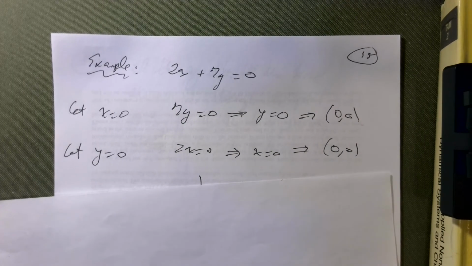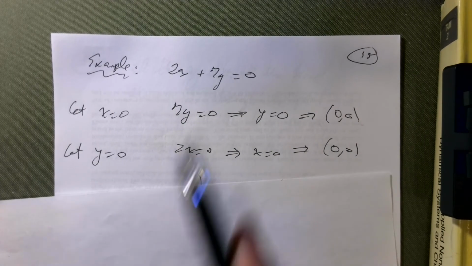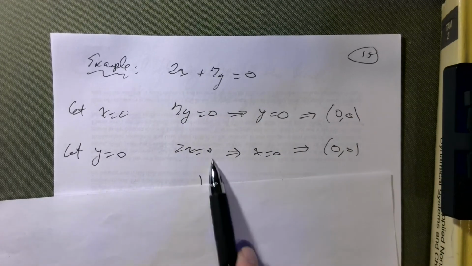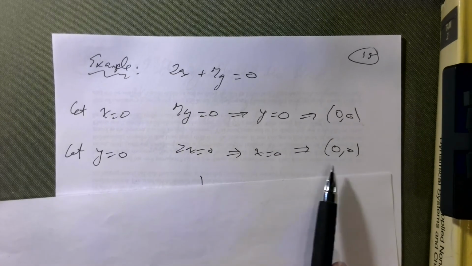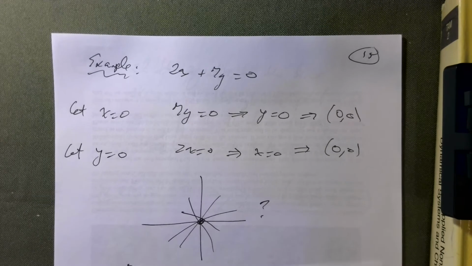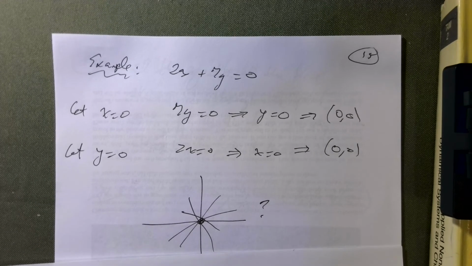If I set y to be 0, this is gone, and 2x equals 0, it means x is 0, there's no new information. So that means there's an infinite number of lines passing through 0, 0. Which one is it? Here's what I do.